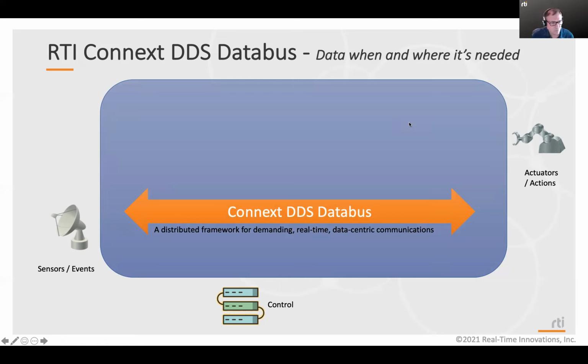This is basically the abstraction layer between your application and the network, and this data bus resides in libraries in each of these devices.